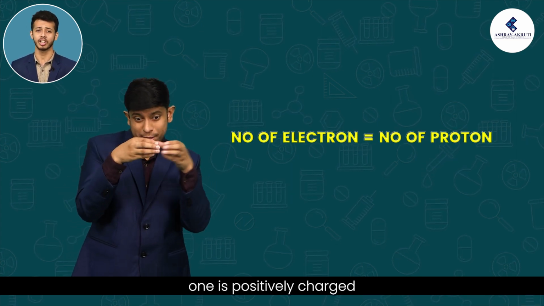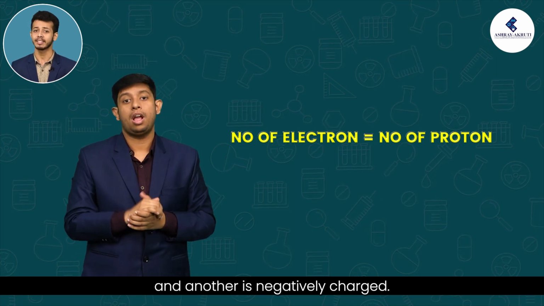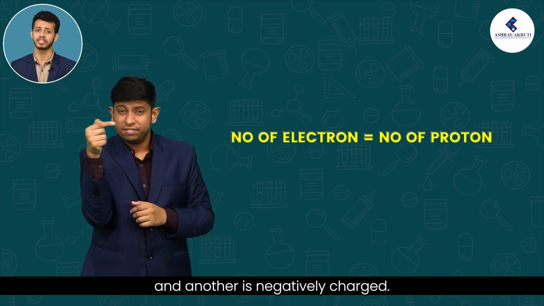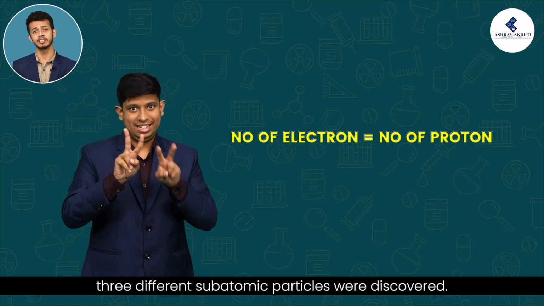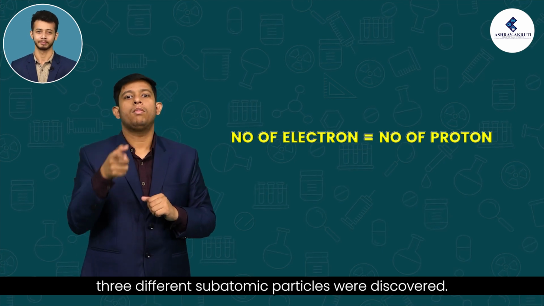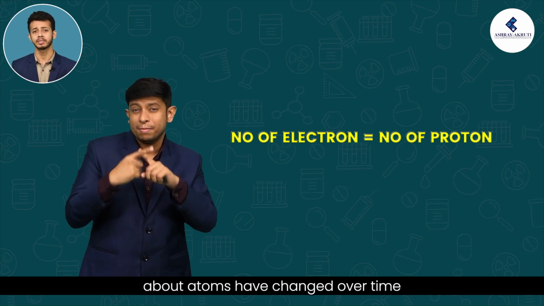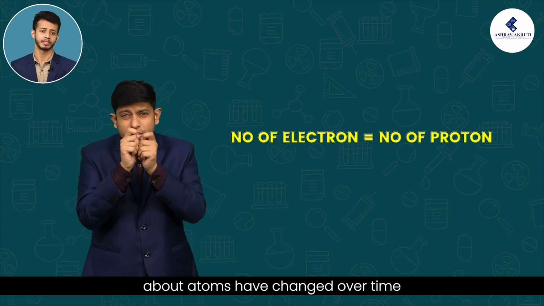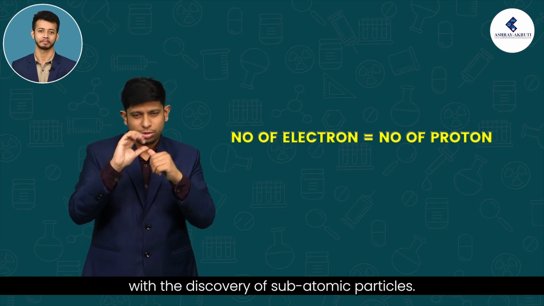One is positively charged and another is negatively charged. In fact, three different subatomic particles were discovered. Let us see how the ideas about atoms have changed over time with the discovery of subatomic particles.